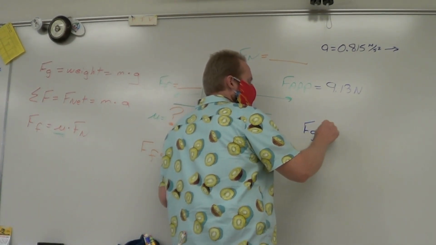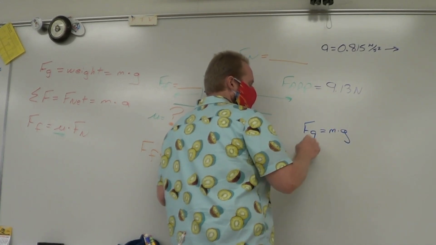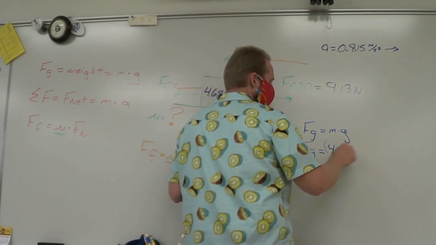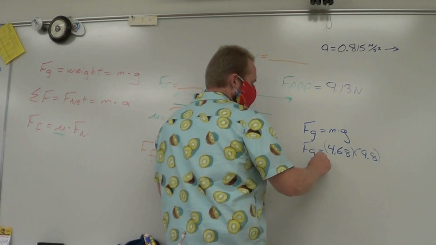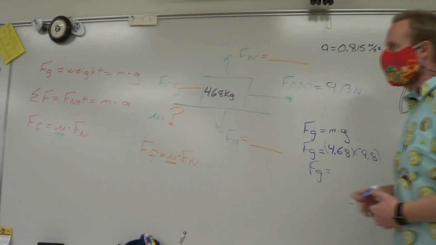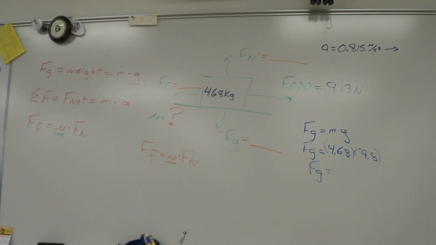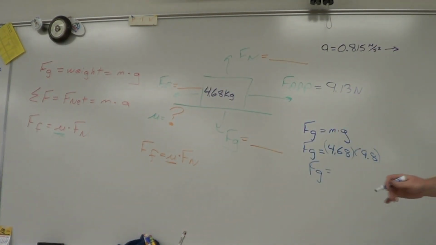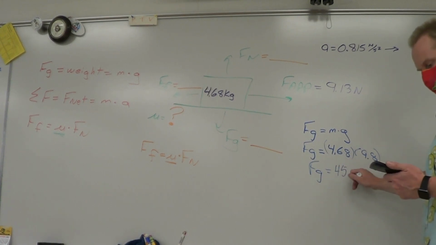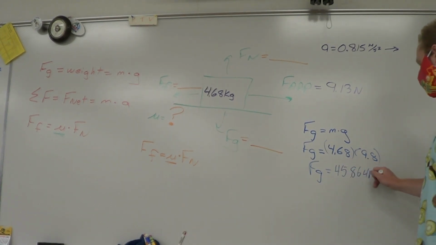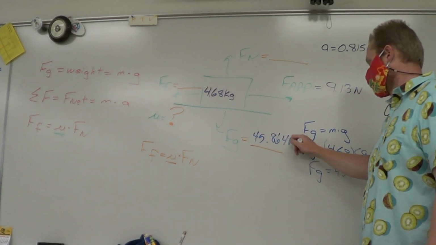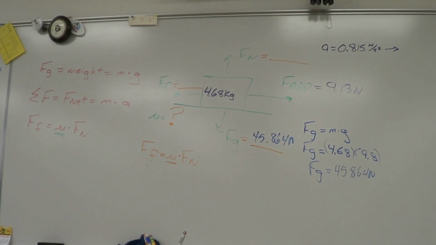Our force of gravity is equal to m times g, and it can be calculated by taking our mass, 4.68, multiplying by 9.8, and we get a value of 45.864 newtons. Now I'm going to try to keep as many decimal points until the very end.